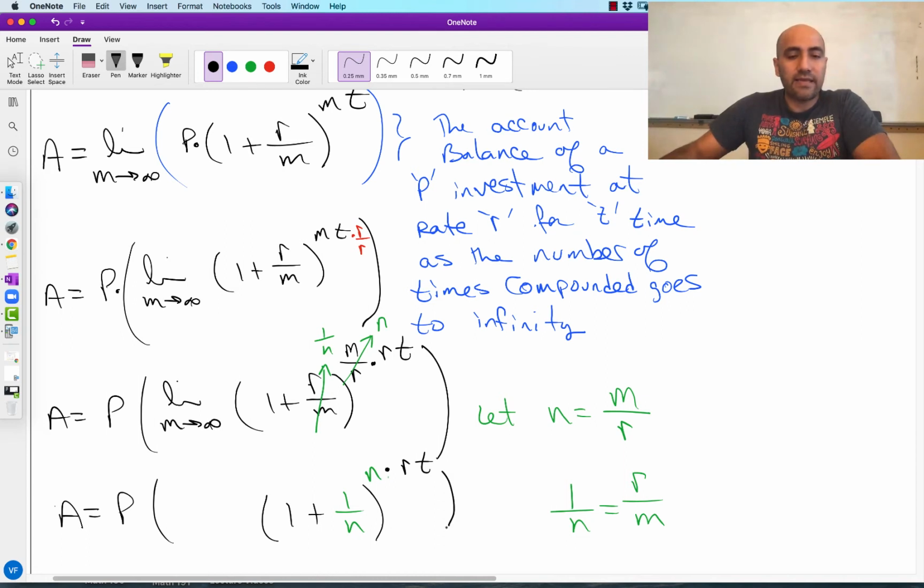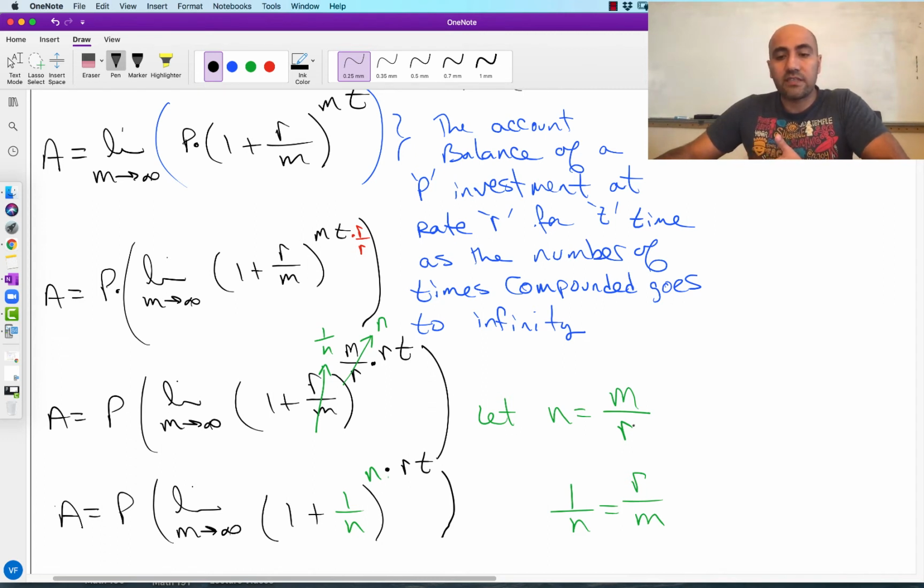So it wouldn't make sense for me to say the limit as m goes to infinity because there's no more m's. What are you talking about? Okay, but we did do a substitution here. Notice that if r is a constant, some interest rate that's given to you that doesn't change, like 12% or 4%, it's no longer a variable that will move.